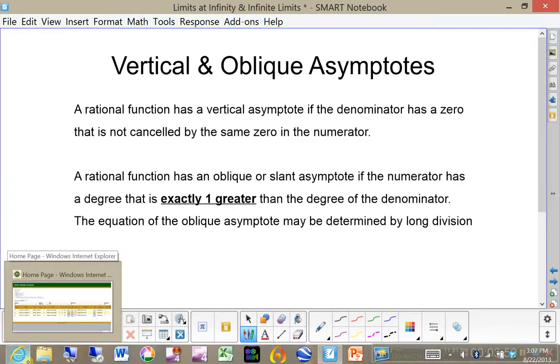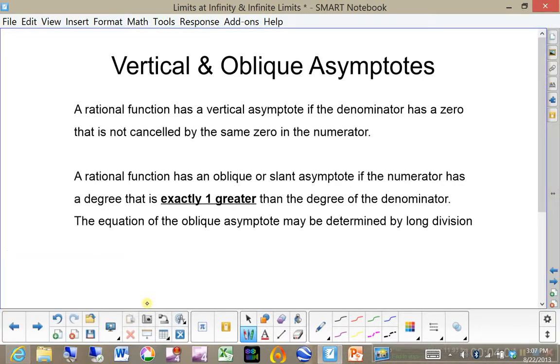Now I want to define what a vertical and an oblique asymptote is.